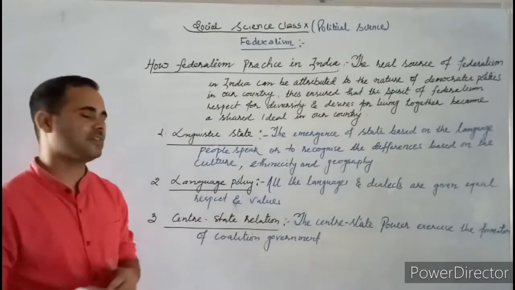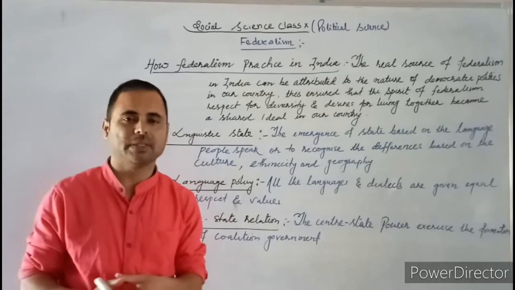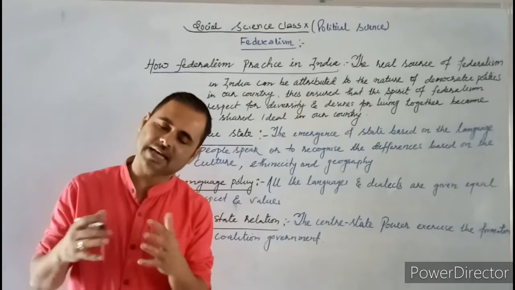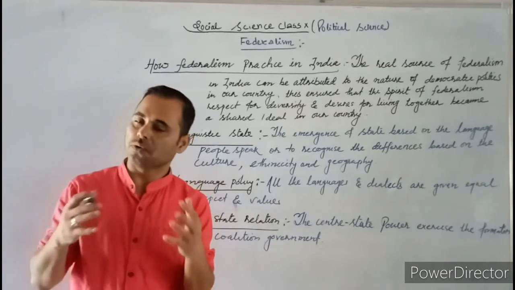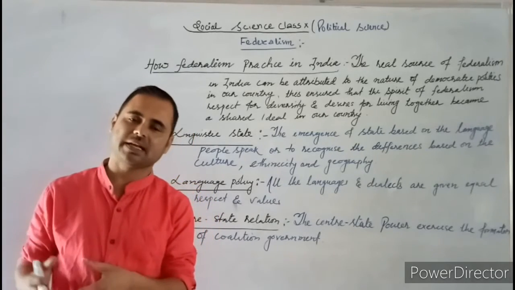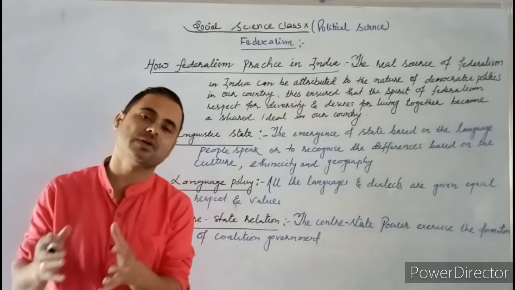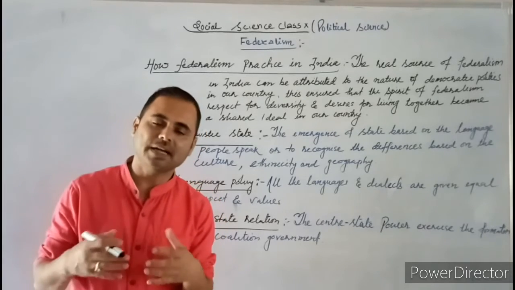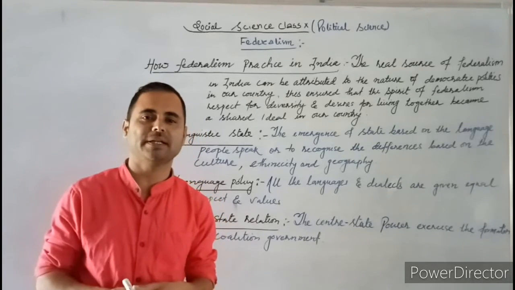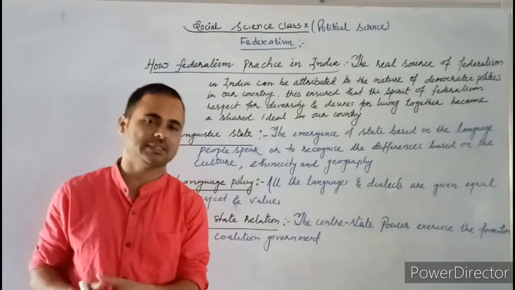Second is language policy. Whatever language people speak in our country, or whatever dialect they speak, all the dialects and all the languages are given equal respect. They are given equal value. People are free and independent to share their opinion in any dialect or language in which they feel comfortable.